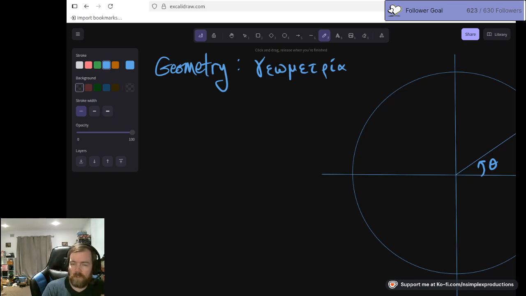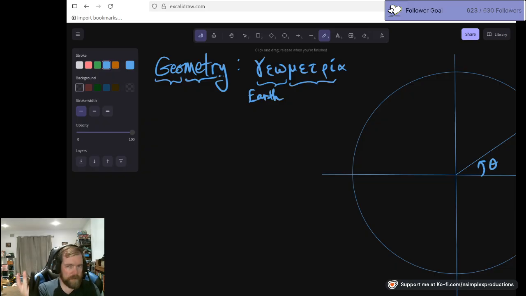So geometry comes originally from Greek, which really has two roots to it, right? And this is kind of the same as it works with English, where you have this geo at the front, which tells us that we're dealing with Earth.